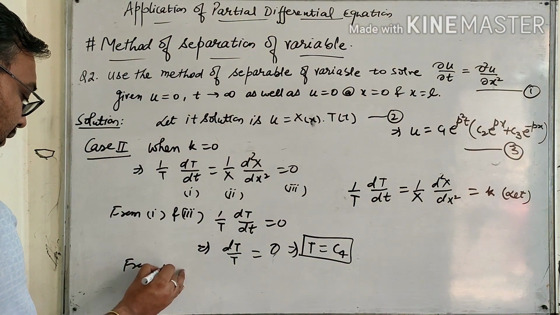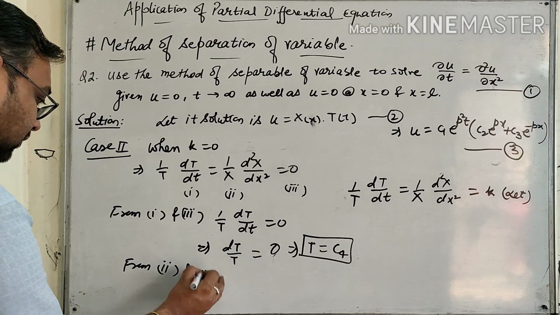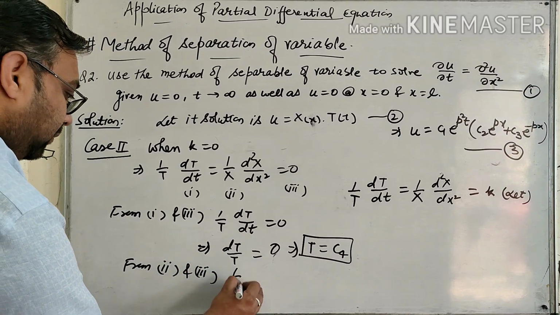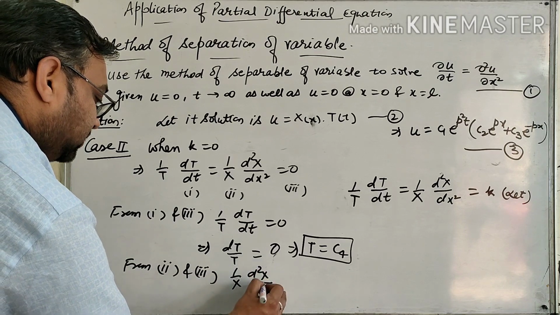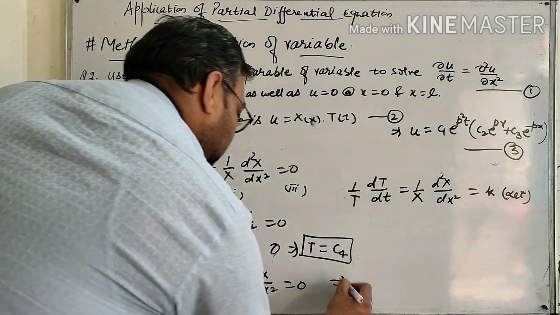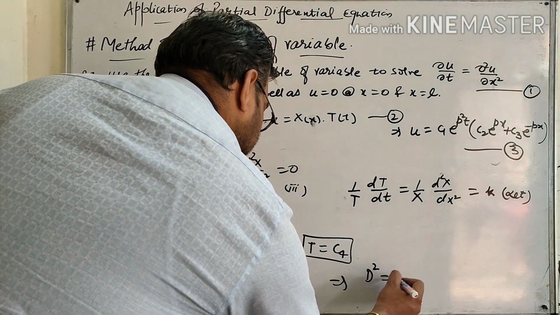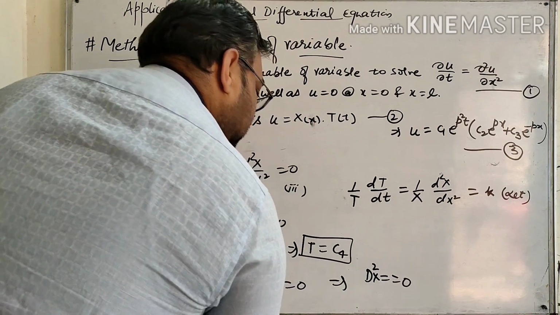Similarly, from second and third, 1 upon X, d2X upon dx square is equals to 0, or we can write it as D square X is equals to 0.